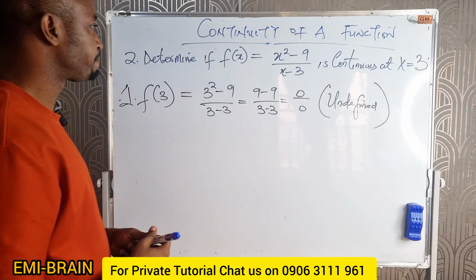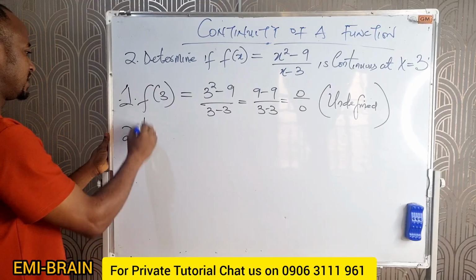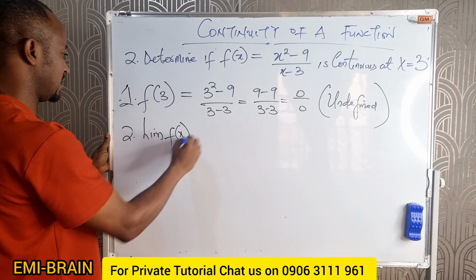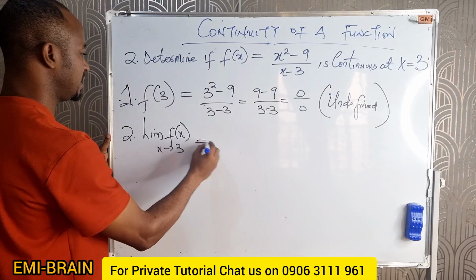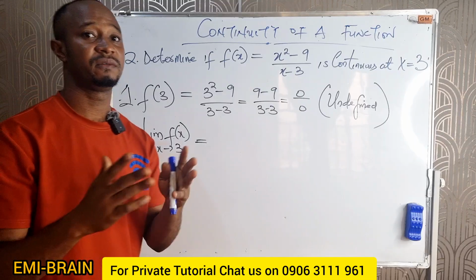But let's see condition 2, which says the limit of f of x as x approaches 3 must exist. In our previous class, we learned how to find the limit of a function.